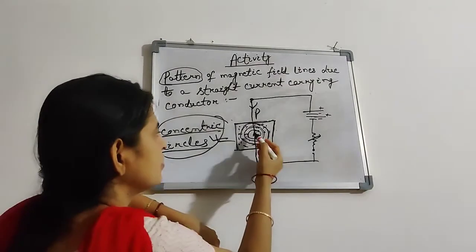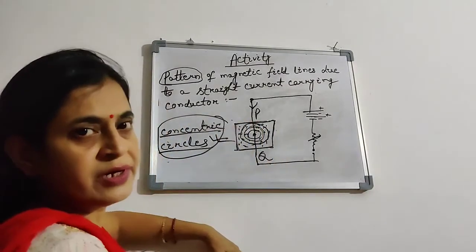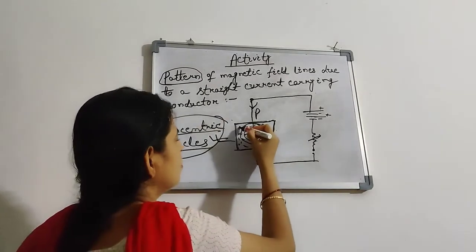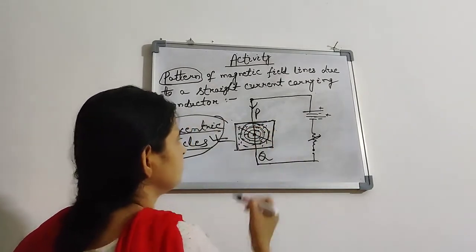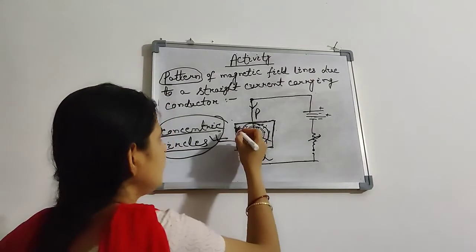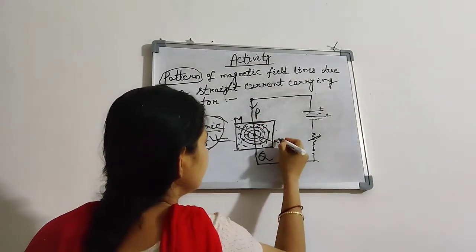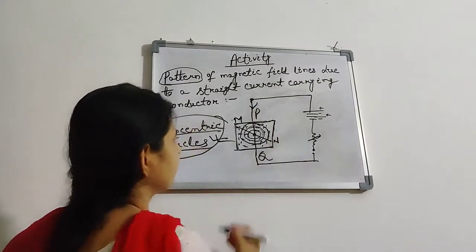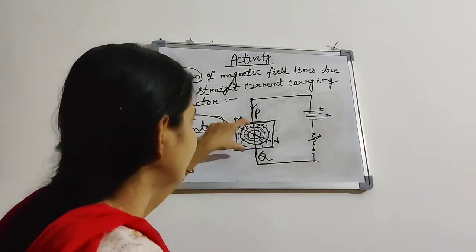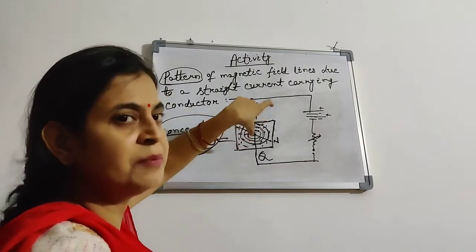Now how can you find out the direction of the magnetic field? If you place a compass needle, suppose at point MN, then you can find out the direction of the magnetic field.